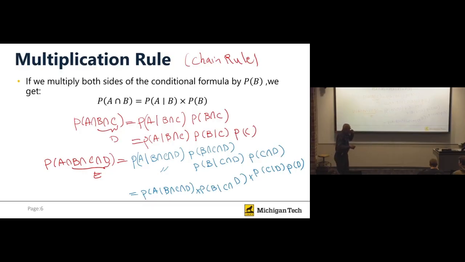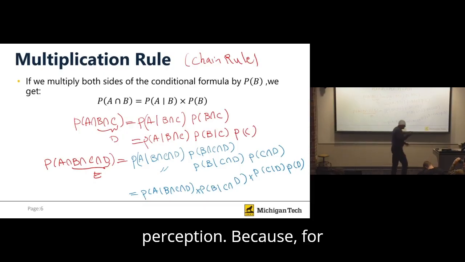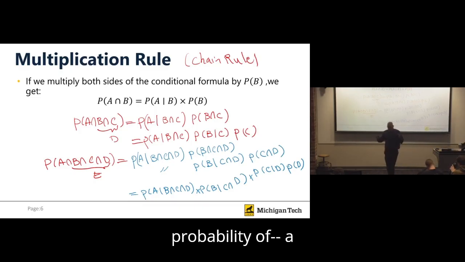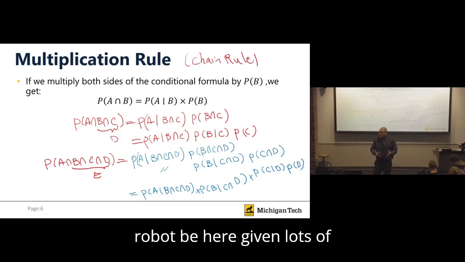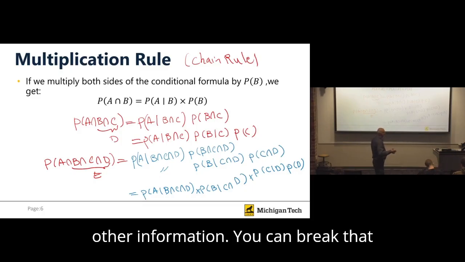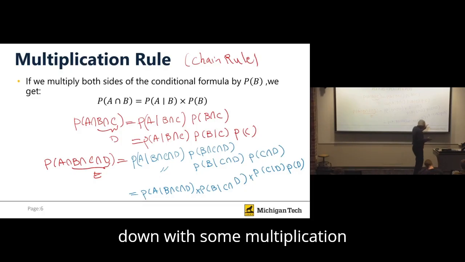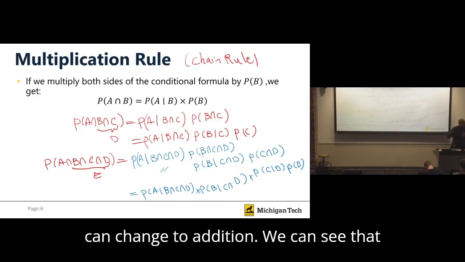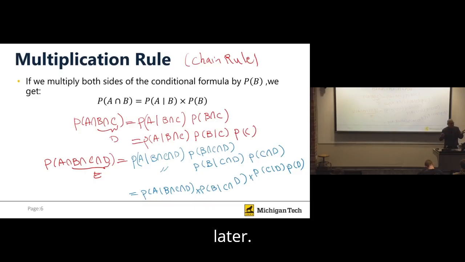And this is very important in perception. Because, for example, you ask, what is the probability of a robot being here given lots of other information? You can break that down with multiplication. And multiplications can change to addition. We can see that later.